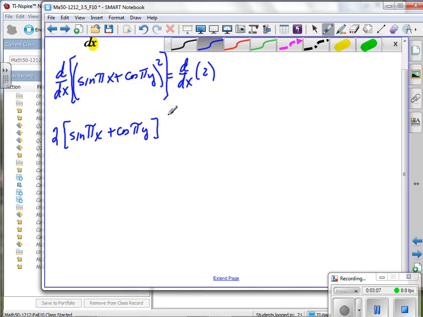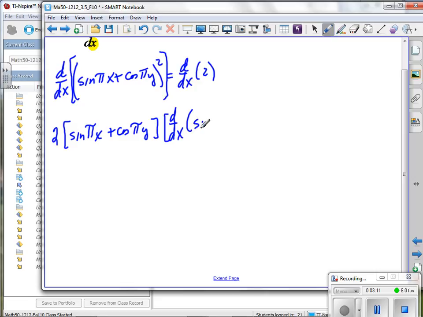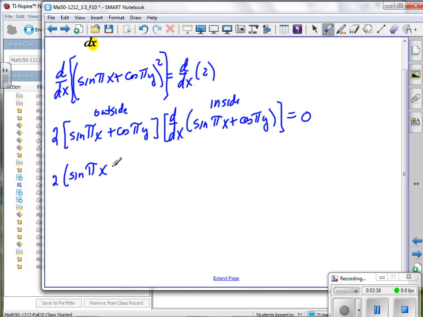The inside function. So we're going to take the derivative with respect to x of sine pi x plus cosine pi y, now we can say is equal to 0. Okay, so the derivative of the outside function, if you need to, always give yourself that little hint. This is the derivative of the outside, and this is showing that we're going to take the derivative of the inside. Okay, so we've got 2 times, and we'll just report this back.